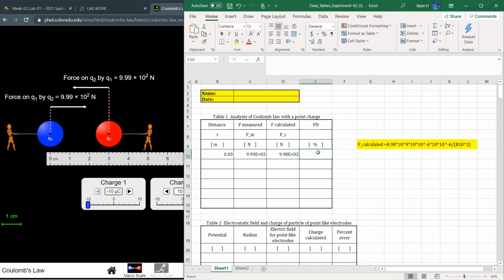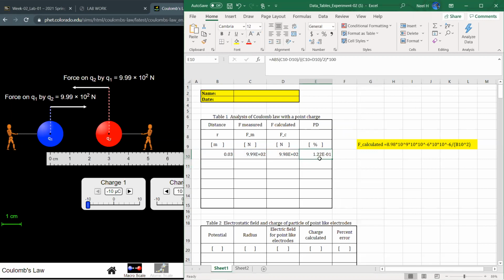Because of that, we'll do the percentage error to compare those two numbers. ABS, open brackets, expected value, that is the measured value minus calculated value, divide by open double brackets, measured value plus calculated value, close brackets, divide by 2, close brackets again, multiply by 100.